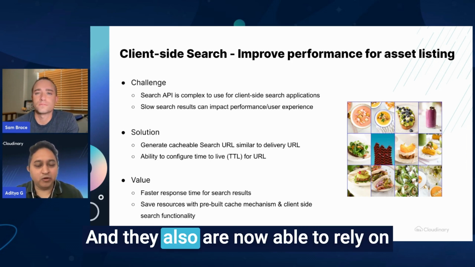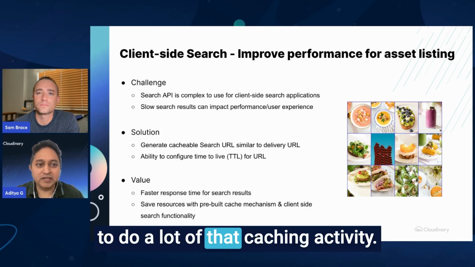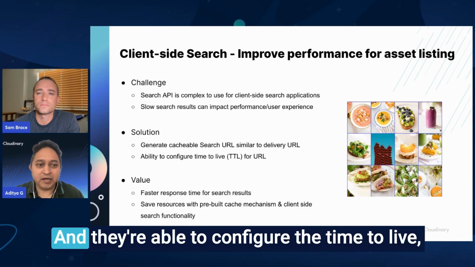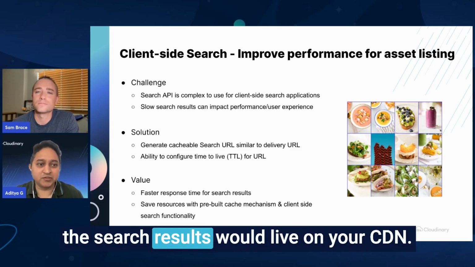And they also are now able to rely on Cloudinary's caching mechanism to do a lot of that caching activity. And they're able to configure the time to live, which basically means the time for which the search results would live on your CDN.